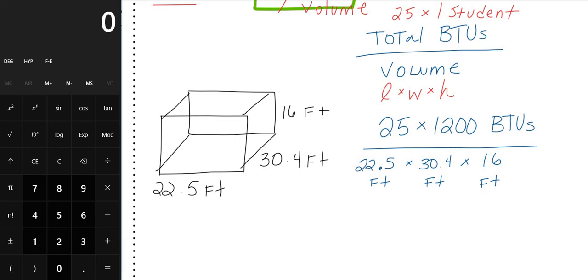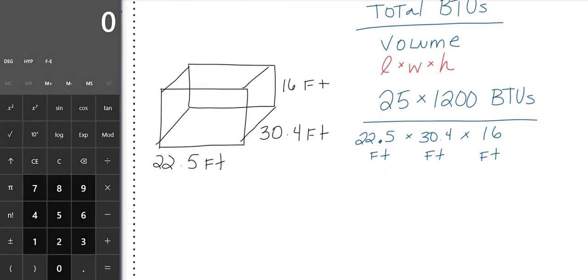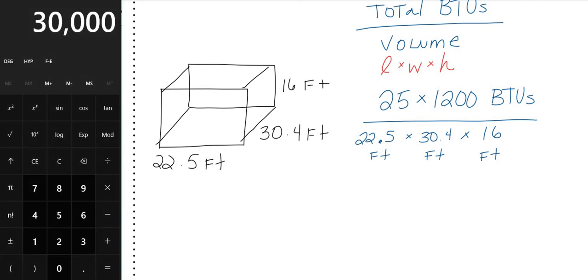Let's go to our calculator. So now we have, for the top, the numerator, 25 times 1,200. That gives us 30,000 BTUs produced in total. So now we're going to write down 30,000 BTUs all over.